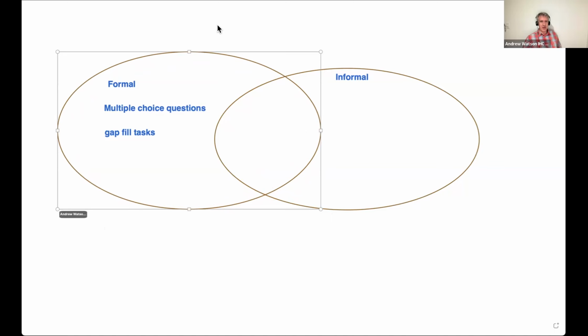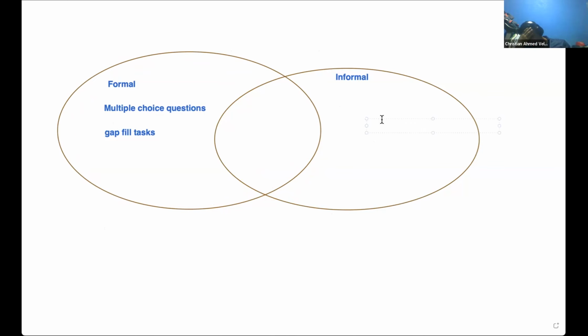What about a language game? Is that going to be formal or informal? Informal? Yeah, because you don't really see those on exams, do you?